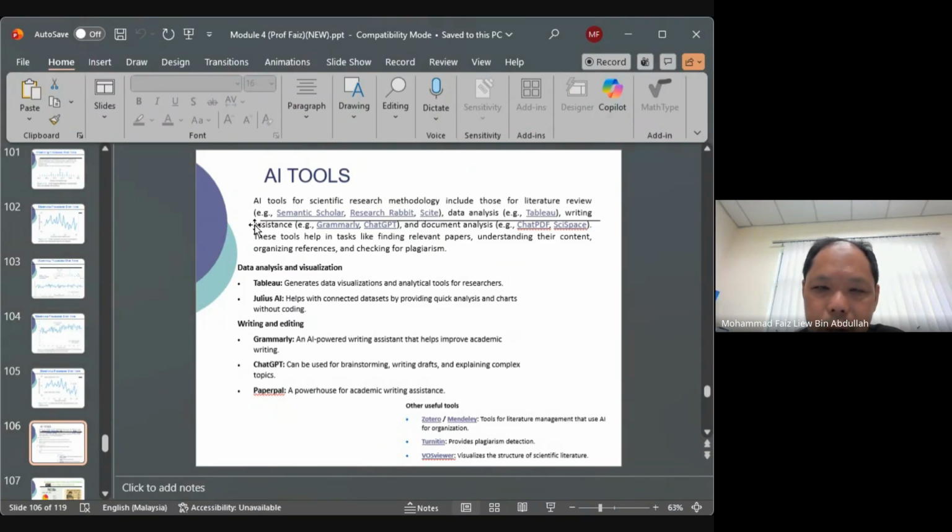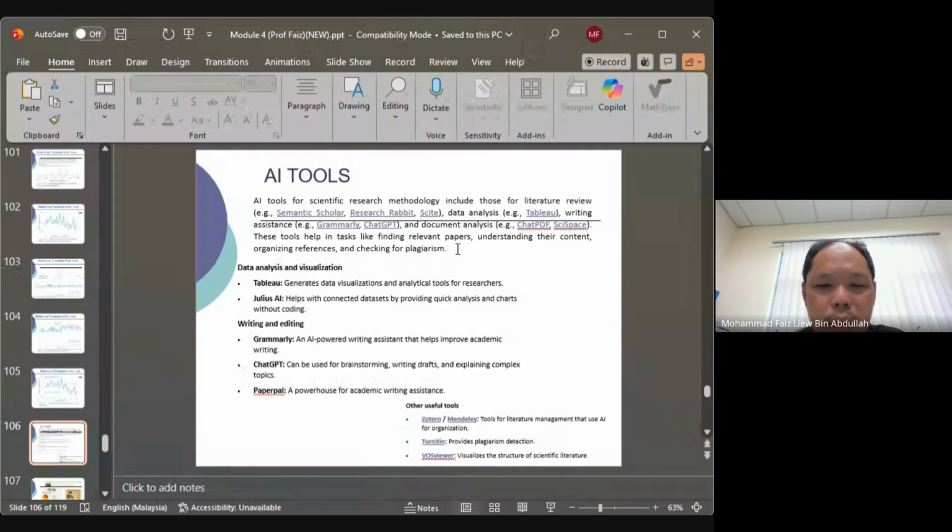So, AI tools for scientific research methodology, including review. Usually we use tools like Systematic Scholar, and I think now everybody is using ChatGPT.